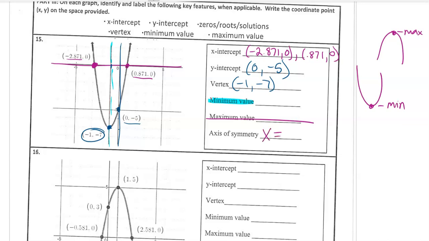We say x equals, and then we name the point on the x-axis that this symmetrical line is going through. It is going through about -1 right there. Oh, and I forgot to list the minimum value. The minimum or maximum value on a parabola is just going to be your vertex. Okay.